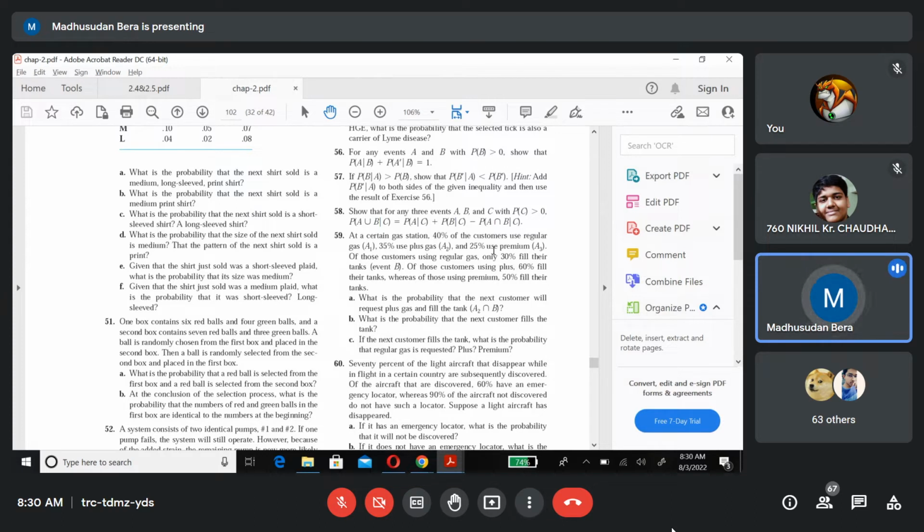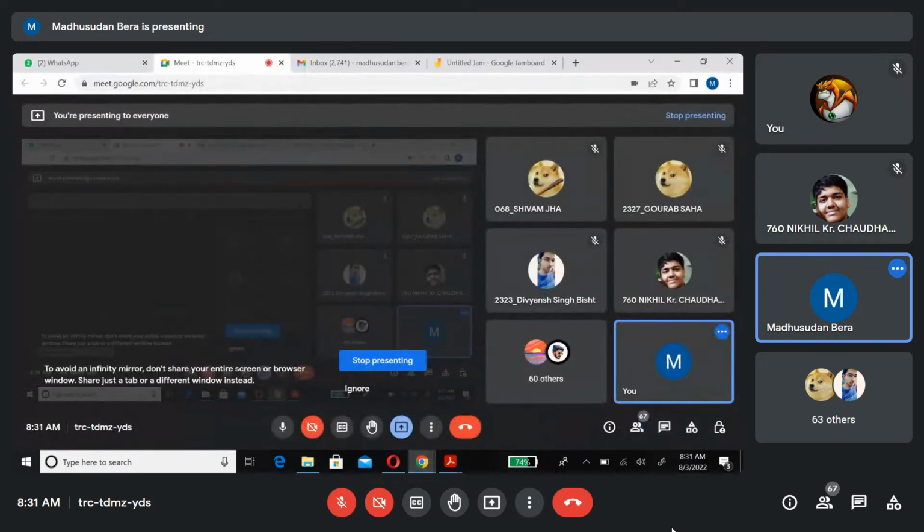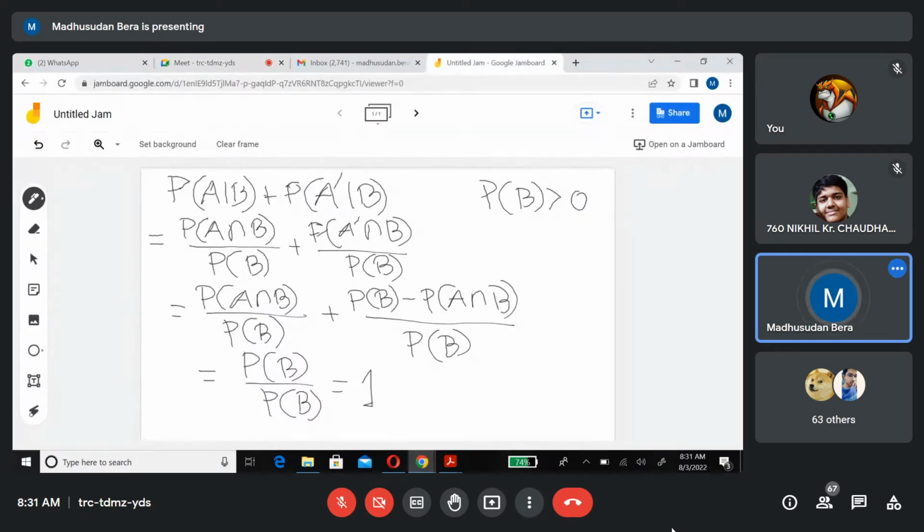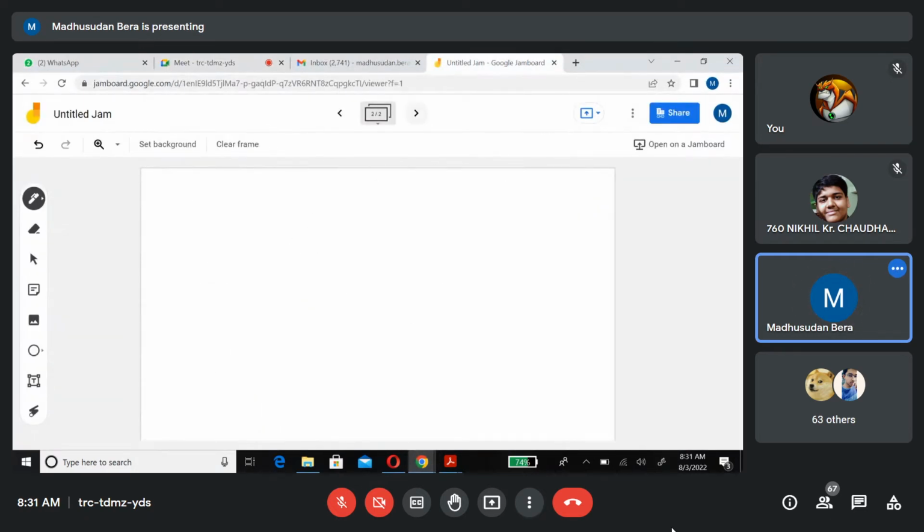I am writing this: P of A1 is 0.40, P of A2 is 0.35, P of A3 is 0.25.